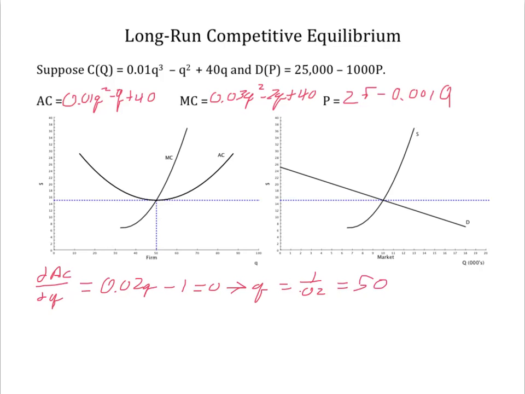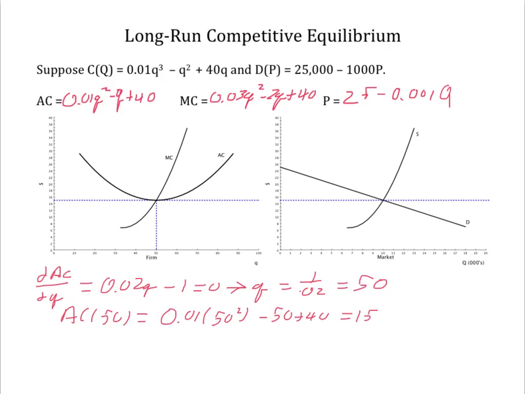Average cost evaluated at 50 is just 0.01 times 50 squared minus 50 plus 40, which is 15.